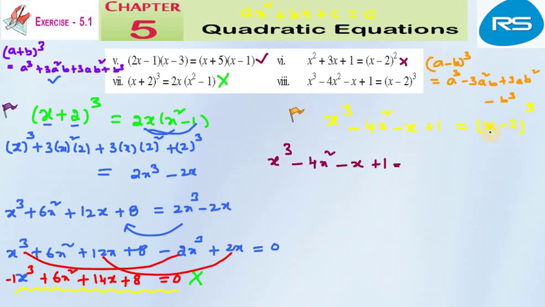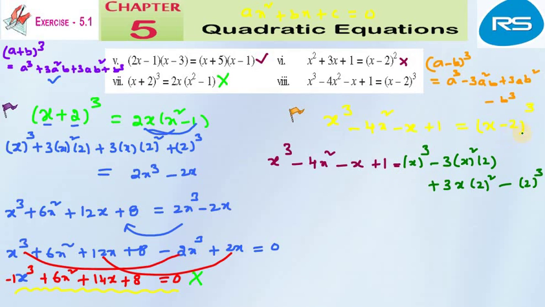Now x minus 2 whole cube. So this is the formula: a cube minus 3a square b plus 3ab square minus b cube.